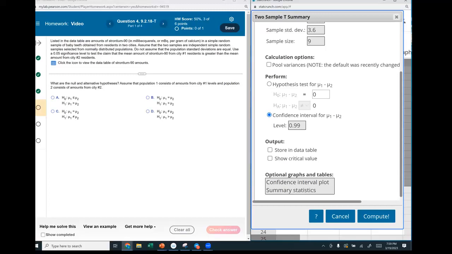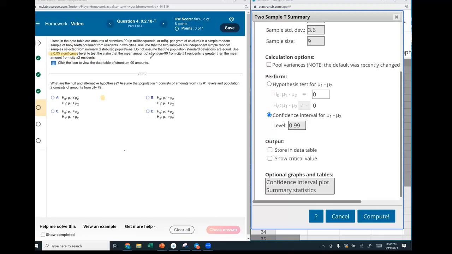So first of all, this is our significance level. And to test the claim that the mean amount of strontium-90 from city number 1 residents is greater than the mean amount from city number 2 residents.